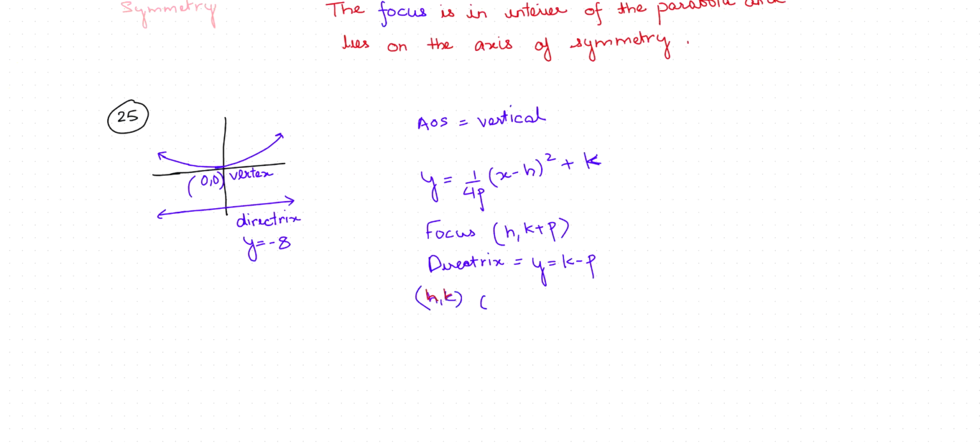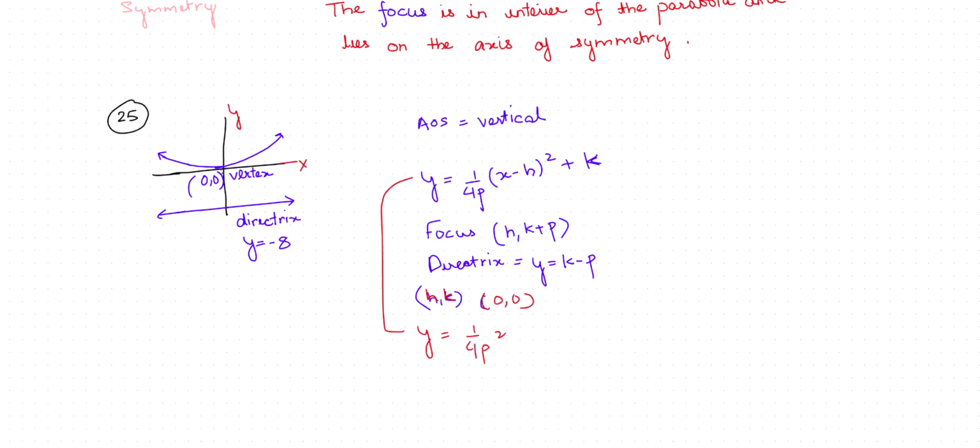Here, the vertex is 0, 0 as shown. This is the x-axis and y-axis. So our equation of the vertical parabola becomes y equals 1 over 4p x squared.